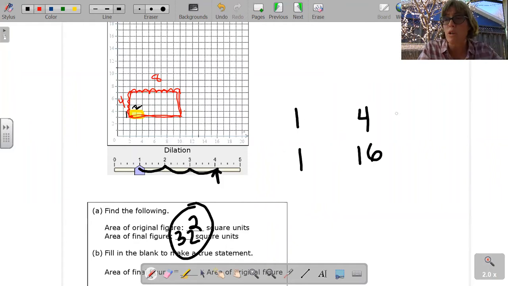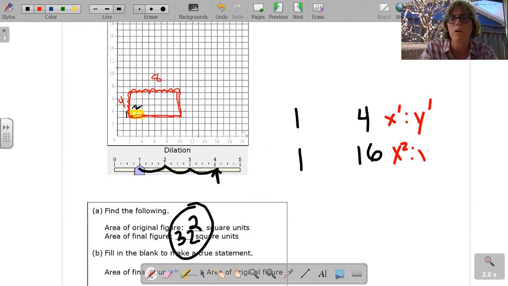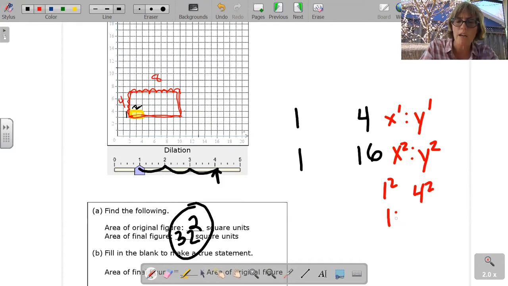In the first dimension, scale factor is the ratio of the sides only. This is like x to the first, y to the first. Area is the second dimension, so it's x squared, y squared. So if I square 1 and I square 4, you get 1 to 16.